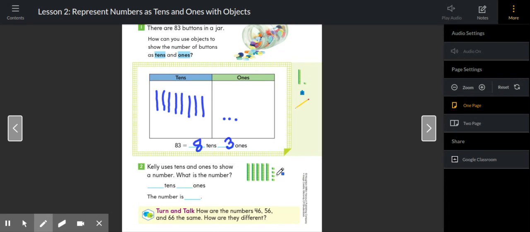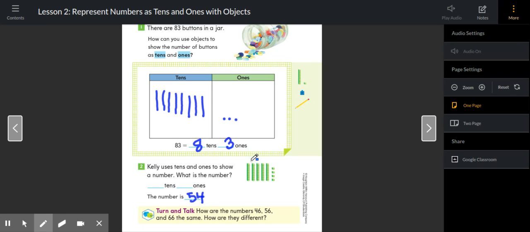Because these aren't equal to 10. We're going to say the word stop after we get the last 10, so we remember to count by 1. So let me show you that again. 10, 20, 30, 40, 50, stop. 51, 52, 53, 54. So she is representing the number 54 with those cubes.